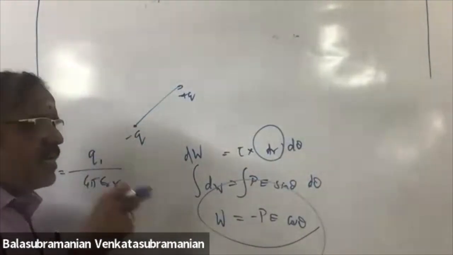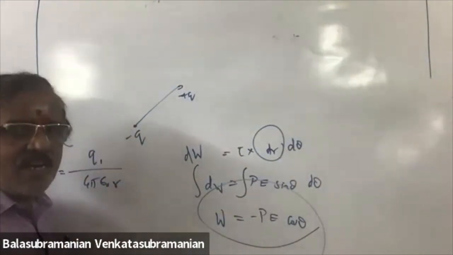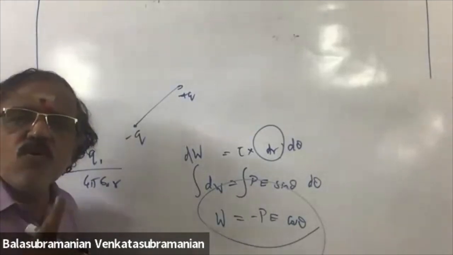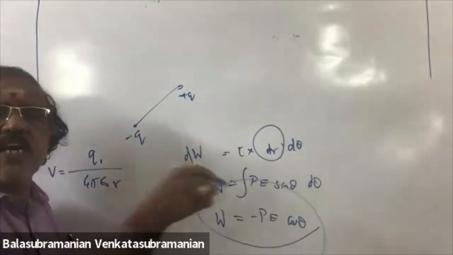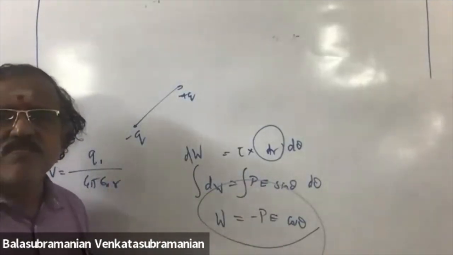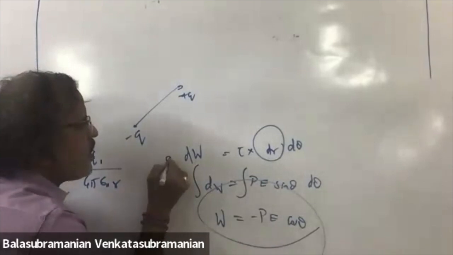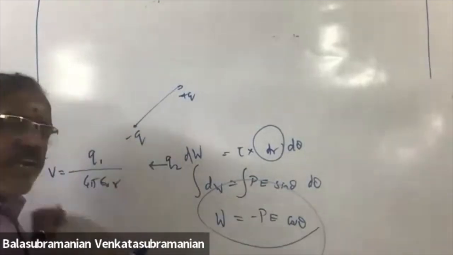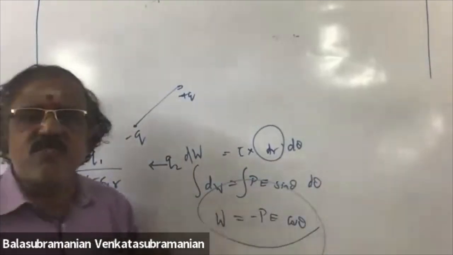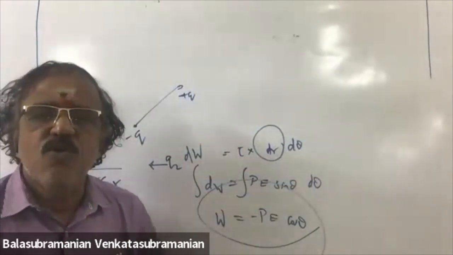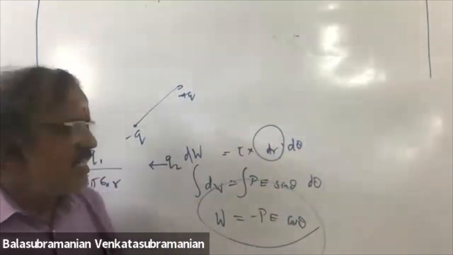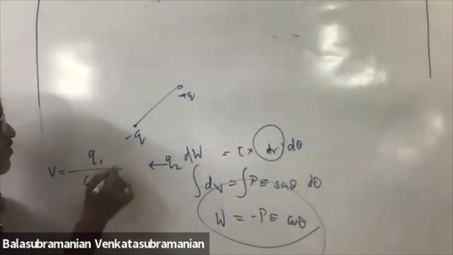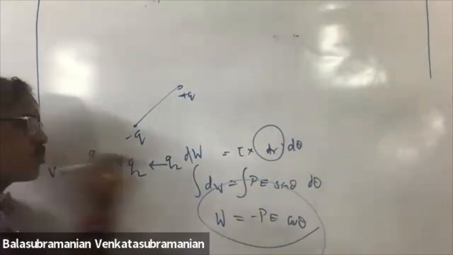Q1 by 4 pi epsilon naught R is a potential: if you move unit positive charge from infinity to any point. Here you are moving Q2 charge from infinity to any point, not unit positive charge. So Q1 by 4 pi epsilon naught R into Q2.